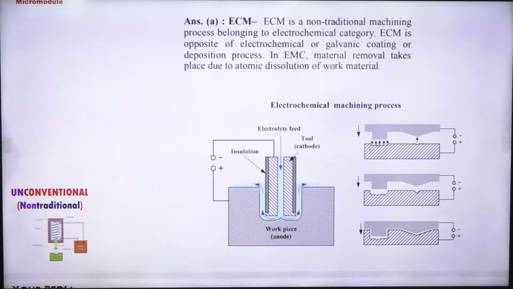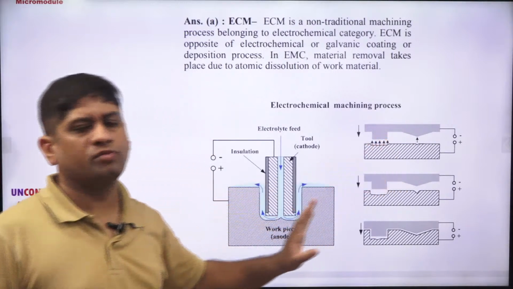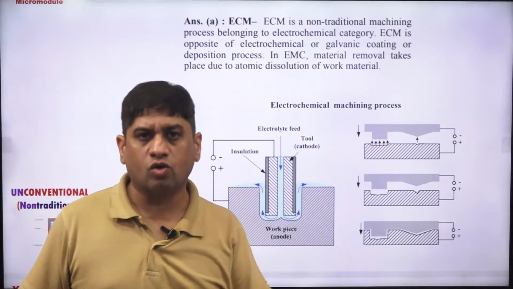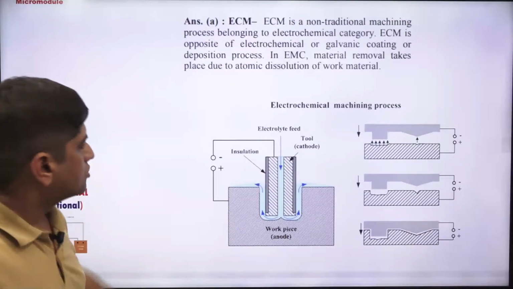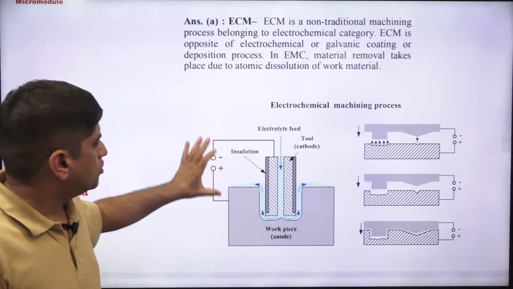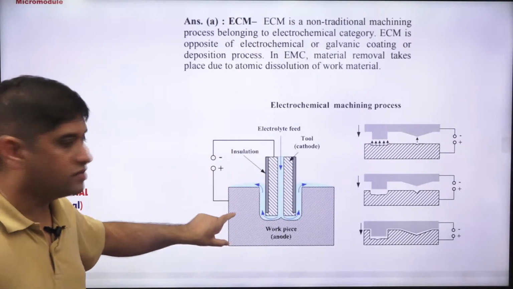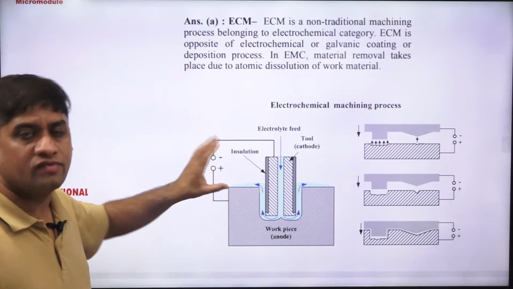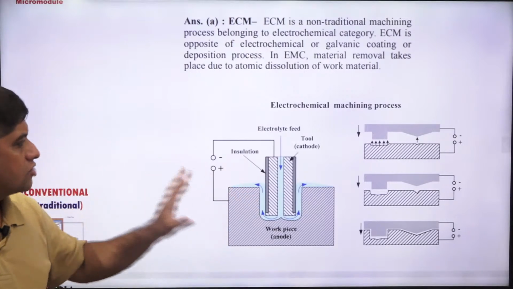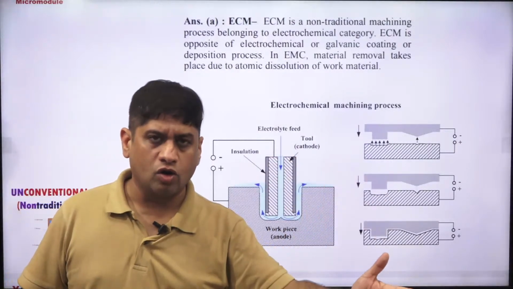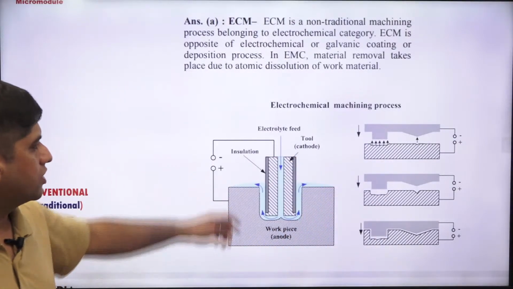As you can see in this diagram, when you make one an anode, the other you make a cathode. Cathode is the negative electrode, anode is the positive electrode. The moment you connect it, you make the workpiece positive and the tool negative. Many times this question has been asked: in electrochemical machining, is the tool anode or cathode, negative electrode or positive electrode?